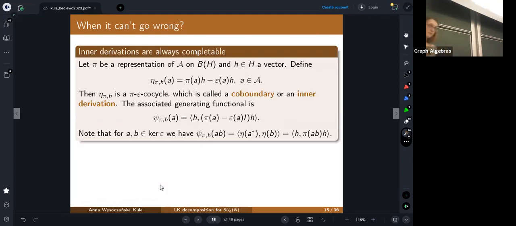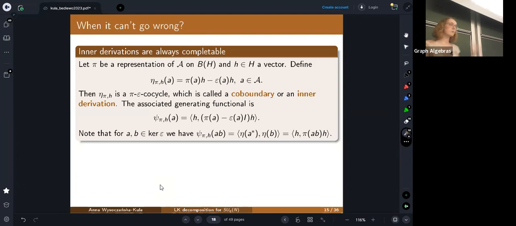Yet there are some nice situations where there is no problem with completing a given cocycle. If we start with a representation, it should be a unital star representation all the time, and we take a vector from the Hilbert space on which this representation acts. If we define eta to be the difference between pi of A acting on h minus epsilon of A times h, this will always be a cocycle, and it is called a coboundary.